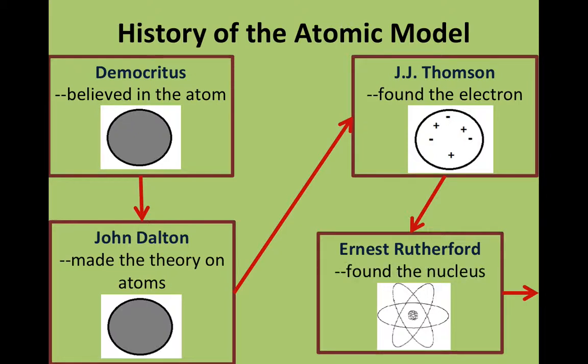Later we had Ernest Rutherford, and he's the one that noted that predominantly most of the mass was located in the nucleus. He did this through a gold foil experiment where he bombarded the foil with small particles, like protons, and found that they actually penetrated some of the gold foil.